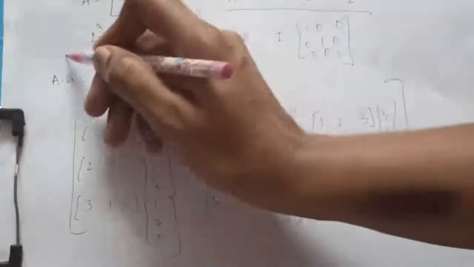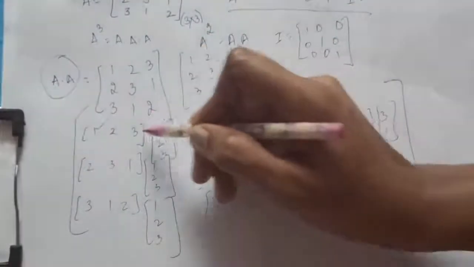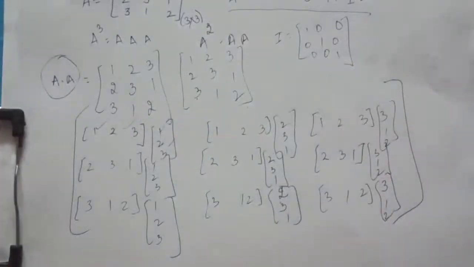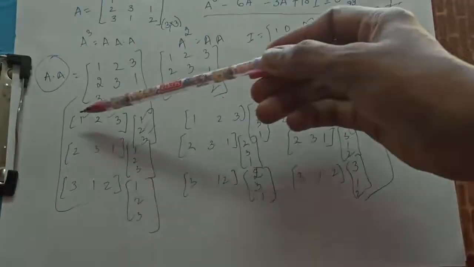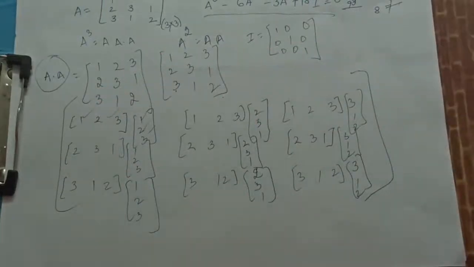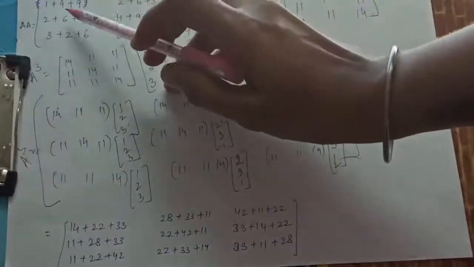So when we solve it, the first column with the first column, second with the second, third with the third, and we put a plus sign, we are counting A into A, that is A square. When you solve this by multiplying first with first, second with second, we come to this.